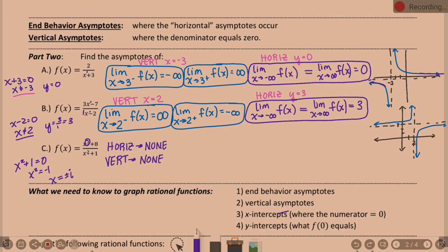Now, what there is, okay, so when there's no horizontal, what that means is that there is something called a slant asymptote. When I say slant asymptote, I mean a diagonal asymptote, okay? In order to get that slant asymptote, you would be dividing, whether long division or synthetic division, your numerator by denominator.